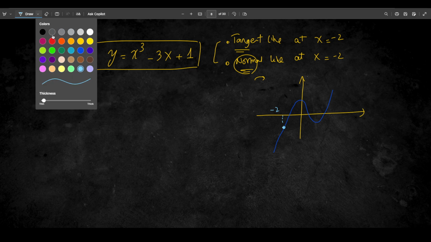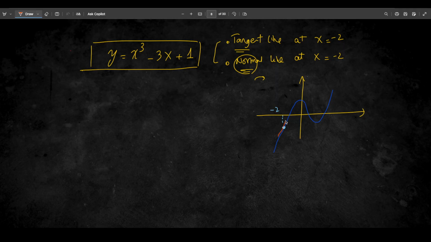Okay, there is a tangent line here at this point, which is parallel to your curve, and there is one intersection, one common point between the line and the curve. Okay, so the tangent line and the curve have one intersection point, and we call this line the tangent line.